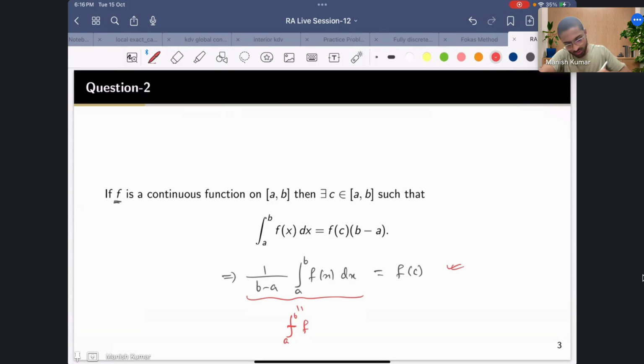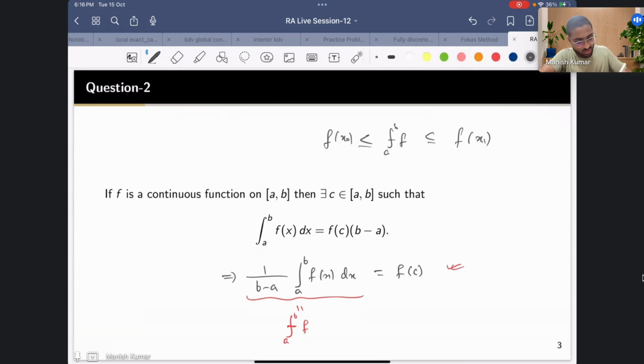Okay, so let's try to see. The way I have written here, you can clearly see that if you can show that this average integral lies between two function values, so suppose I show that this average integral of f lies between, say, f(b) and f(a), or anything, it need not be a, b, so some x0, some x1.